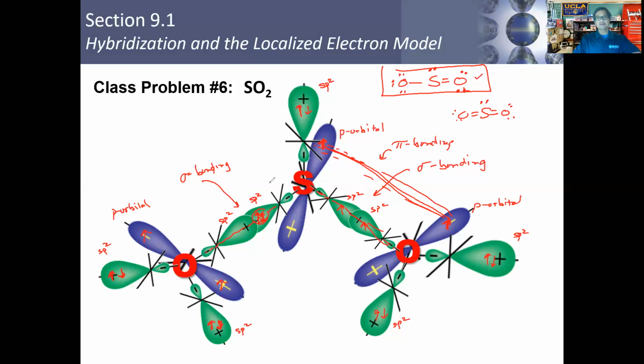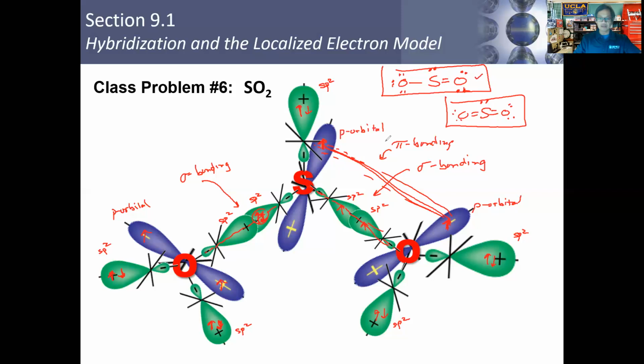Now, technically the pi bonding interaction will be between this p orbital and this p orbital here, okay? But that's where the second of the two bonds forms. So basically you can imagine a coordinate covalent bond forming here as well, where the double bond is formed between these two electrons and these two electrons here. Okay? And so that's how we can go about examining the structure for sulfur dioxide.